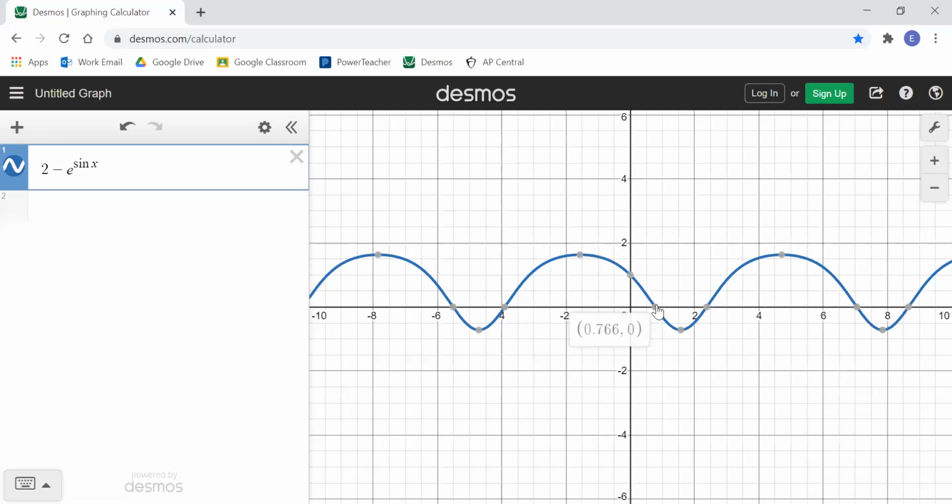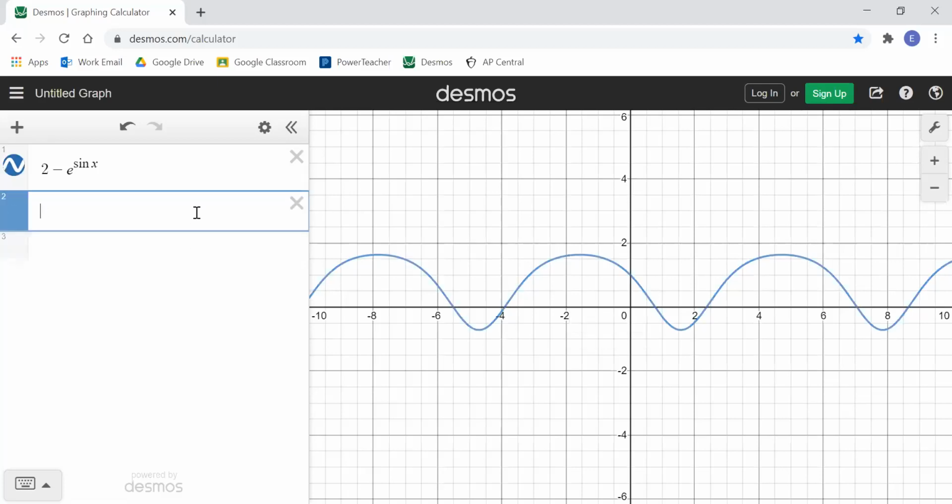Is that true? Yeah. So that 0.766 should be the inverse sine of natural log of 2. If you put that in there, inverse arcsine of ln 2, Desmos will evaluate that for you.